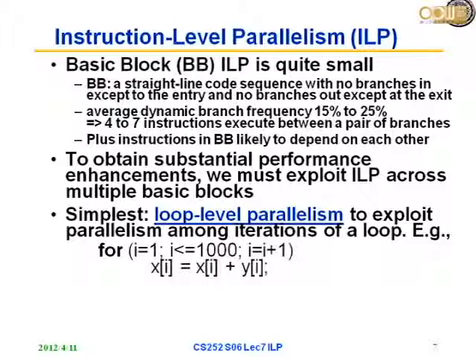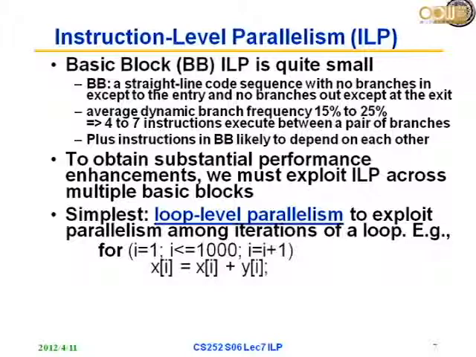The average dynamic branch frequency is 15% to 25%, meaning basic block size is from 4 instructions to 7 instructions. So instructions in a basic block are likely to be heavily dependent on each other, so ILP in a basic block is very limited. To obtain substantial performance enhancement, we must exploit ILP across multiple basic blocks.